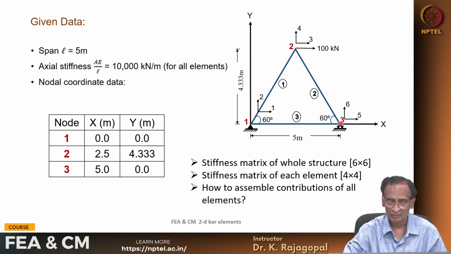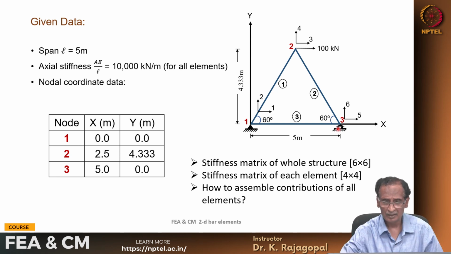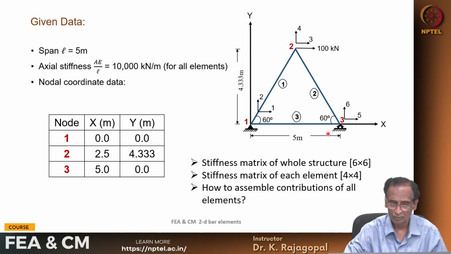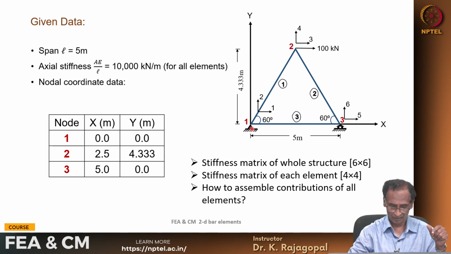This is a stable system because whatever force you apply, the supports are there to prevent rigid body deformations. But suppose we place node 1 also on a hinge, then it can have infinite lateral deformations without any restraint.